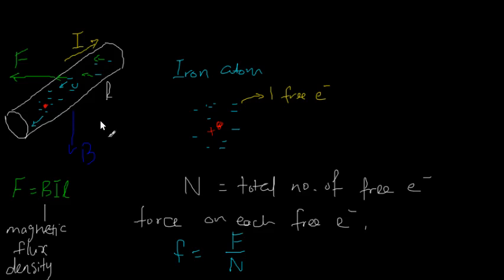So I shall now try to calculate the force on each electron, and the first thing I need to do is to calculate the force and the number of particles.